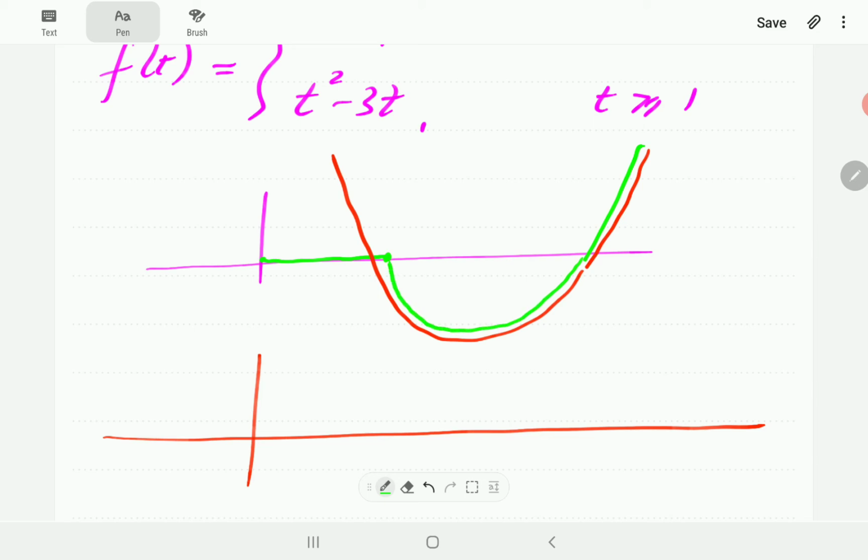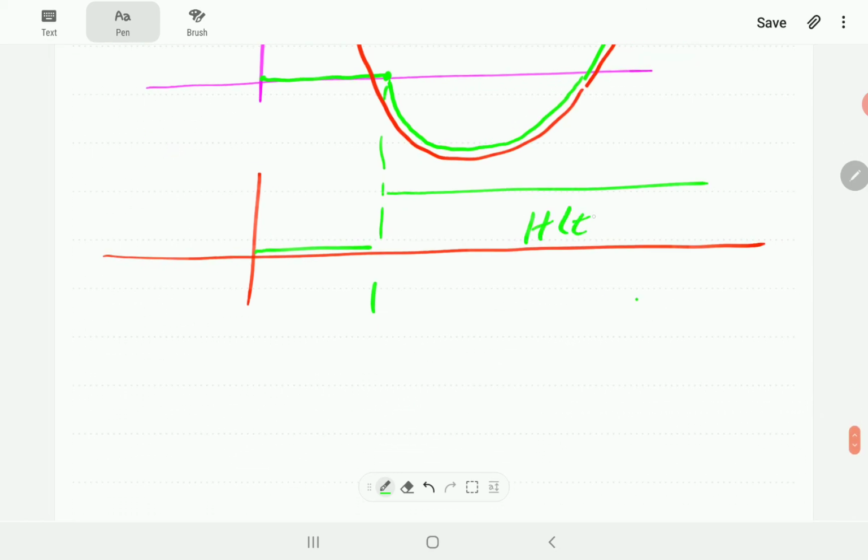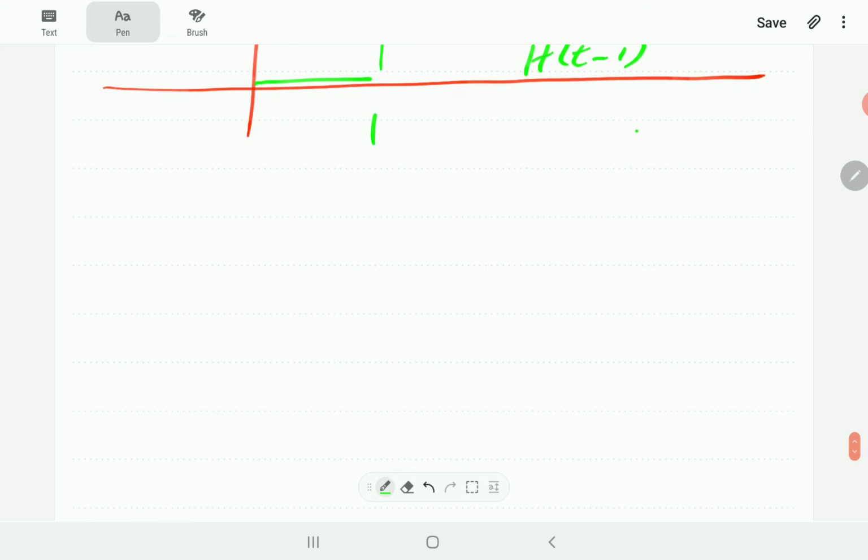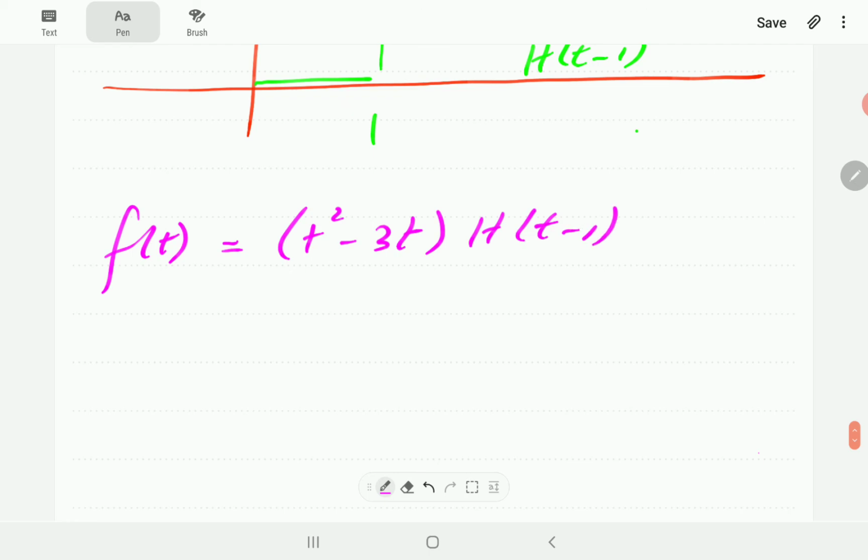So our Heaviside function must have 0 here, and then it must have 1 this side. That's just going to be h of t minus 1. So that means our f of t is simply going to be t squared minus 3t times h of t minus 1. Then, not in terms of t, t squared minus 3t we need to express in terms of t minus 1.